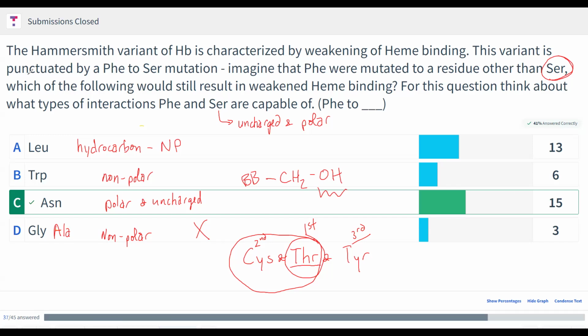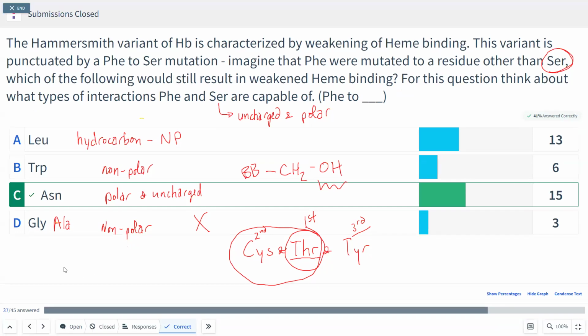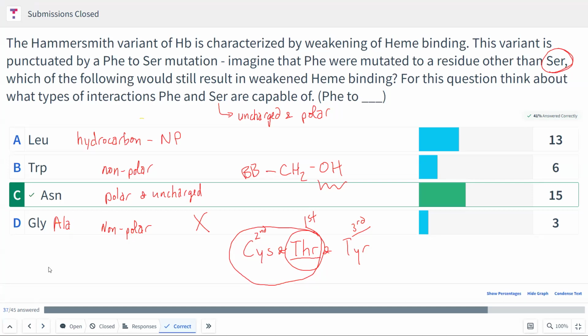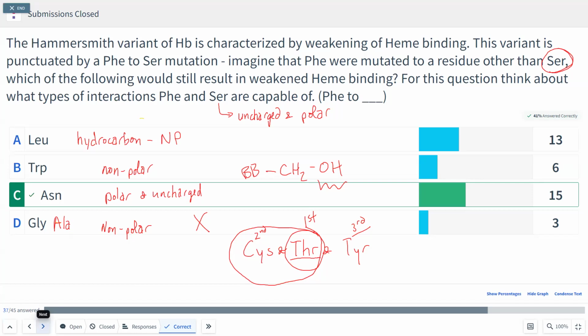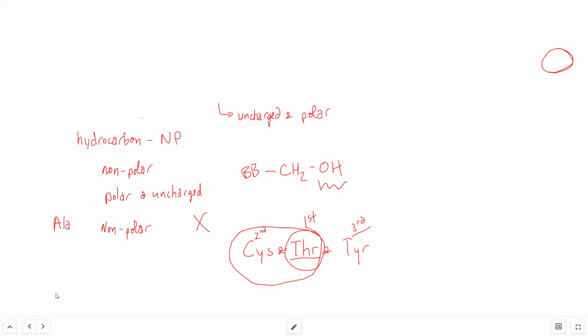So this is a good question to anticipate, and it's a good way to test your own knowledge of amino acid structures. Now, we got nearly 41% answered correct, so that's good. But if you see this sort of question again, don't be terribly surprised. And I like this sort of exercise as a nice thought exercise.